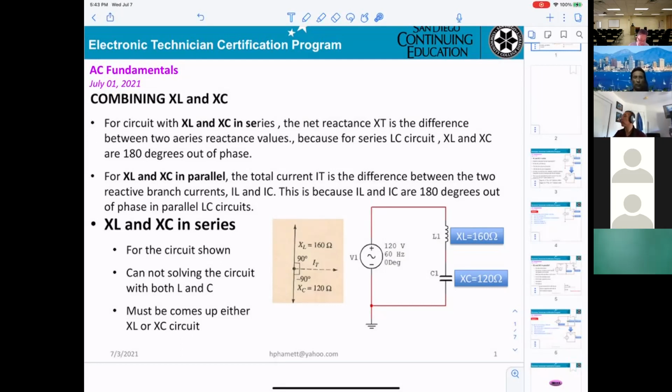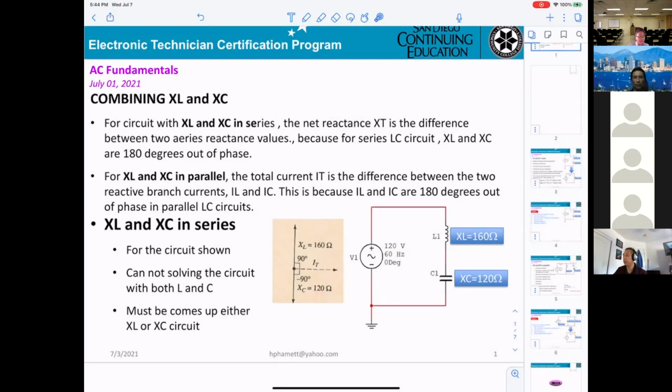Okay, now we're talking about series. For the circuitry that looks like this, we cannot solve the circuitry with both L and C. That is a very important thing. You cannot solve the circuitry with both XL and XC. The thing is one goes up, the other goes down.